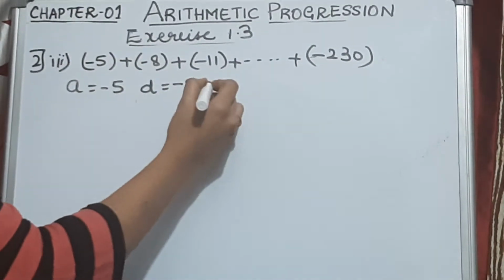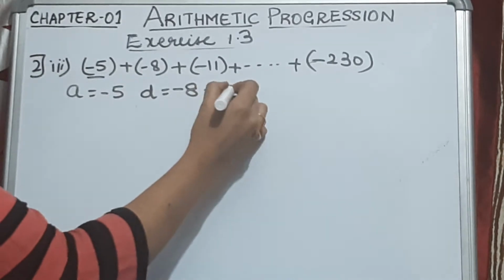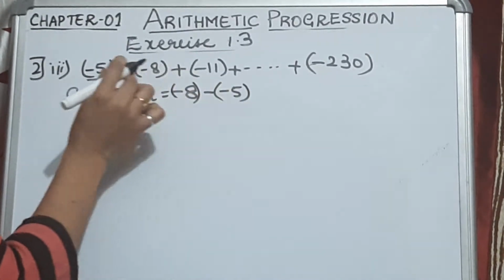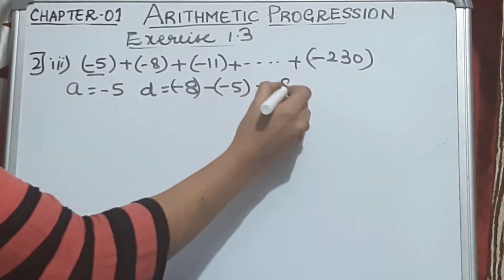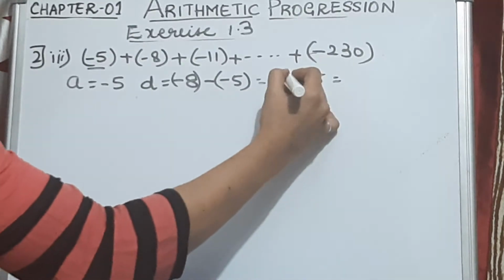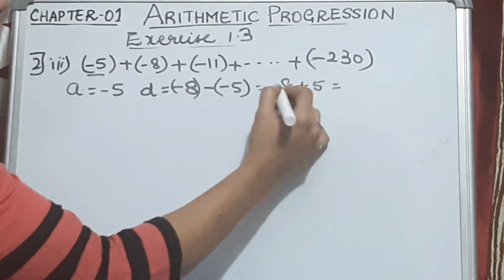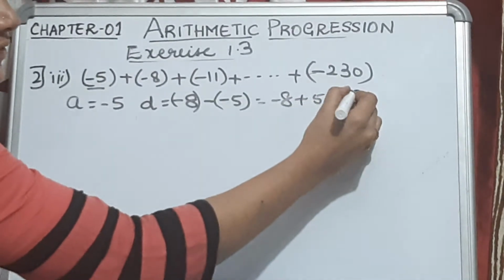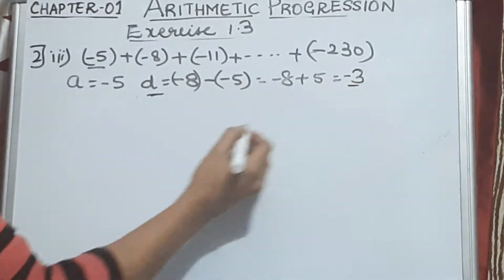Minus 8 minus minus 5: minus into minus is plus, so 8 minus 5 is 3, and the greater number has the minus sign. Our D is minus 3.